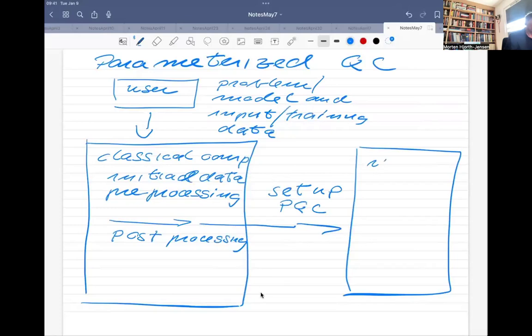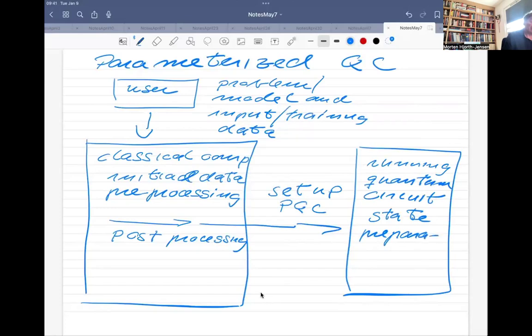And then we would be running the quantum circuit with the parameters which we have initialized it with. This includes also state preparation. So we need to initialize the quantum computer in a specific state. So this could be us, if we have 10 qubits, we could set all the qubits to be 0. And then we have the measurement part.